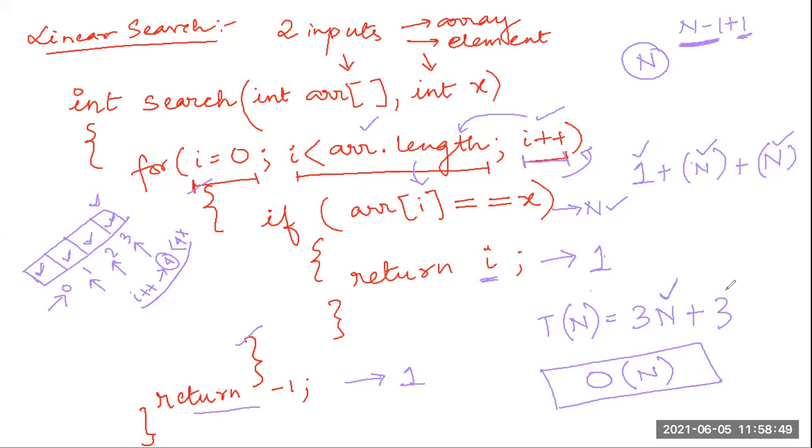So I will ignore this constant term, and this gives me order of n. If in adding up I had seen something like 3n square plus 3, then my order would have been order of n square. Okay, so this is the entire analysis.